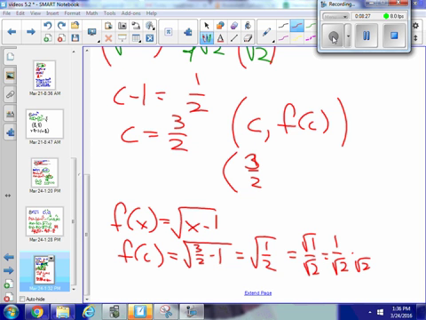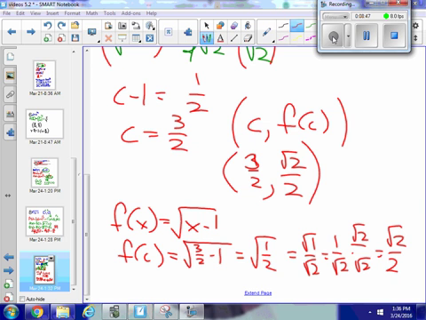We can rationalize it, radical 2 over 2. So my point, where it's going to be tangent and parallel to the secant AB, is the point (3/2, radical 2 over 2).